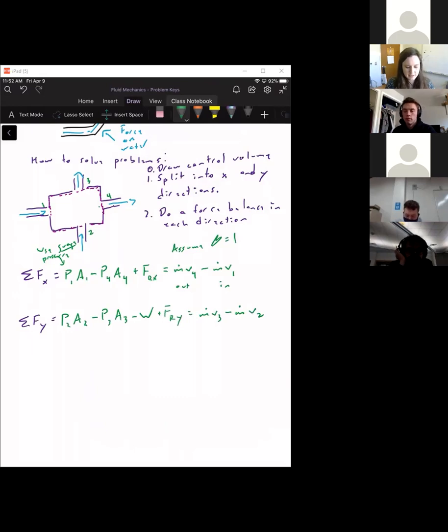And all the velocities are positive because it's going up and up. So how do we calculate these FRs again? Well, you would need to know pressure and area and m dot and velocity. So the problem would need to give you all of that information or a way to figure out that information. And then you would solve for those.